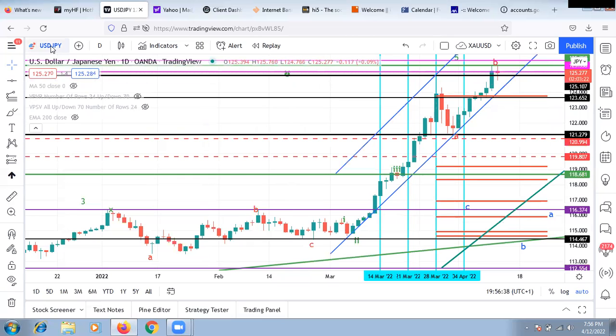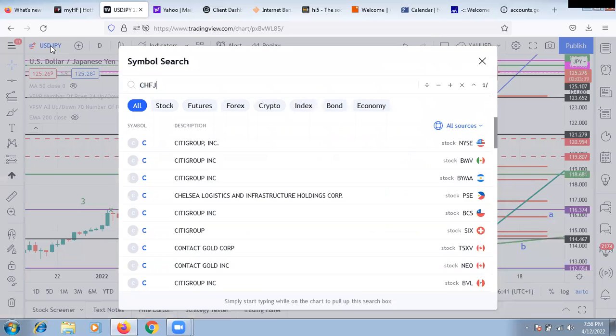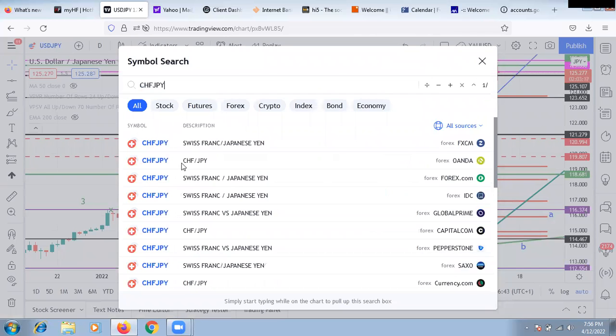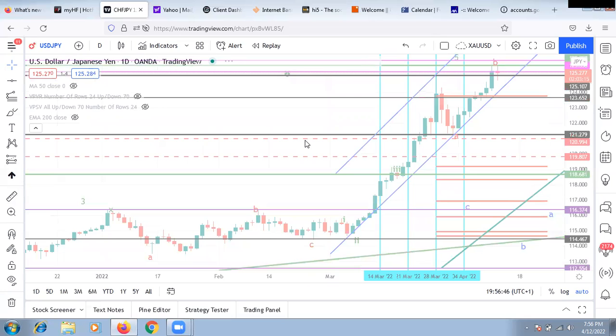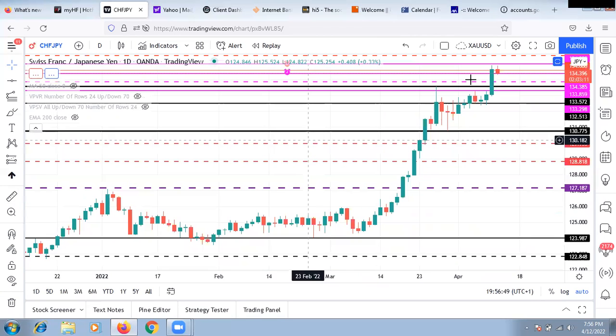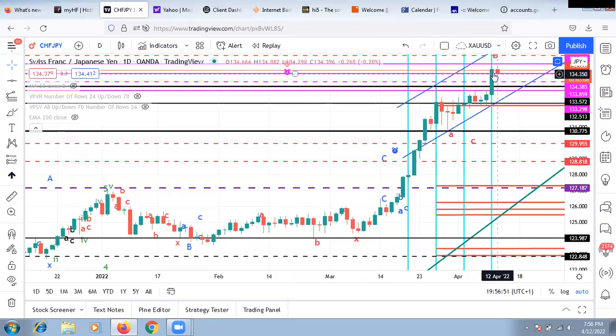So if you look at your CHF JPY, I won't do more than that on the JPY. So if you look at your CHF, it's almost the same. You can see the formation of this and this. But I still expect that the price is going to throw a weak up and begin to fall. But then price may fall at this level.